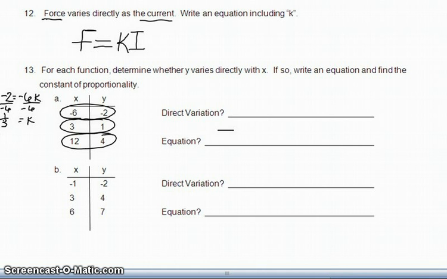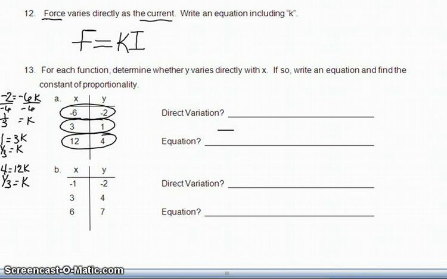Doing my next set, 1 equals 3k. K, once again, dividing both sides by 3 is 1/3. And then my last set, 4 equals 12k, dividing by 12. And when I simplify, I get 1/3.